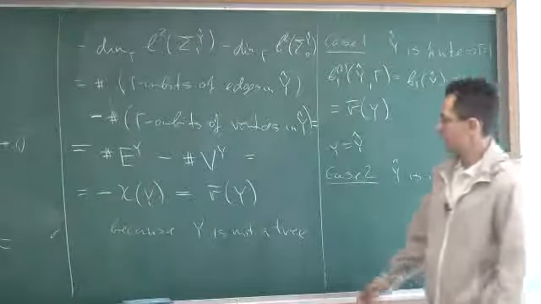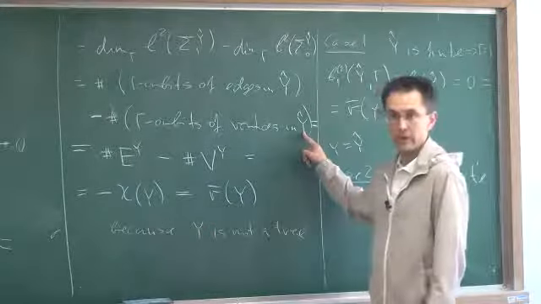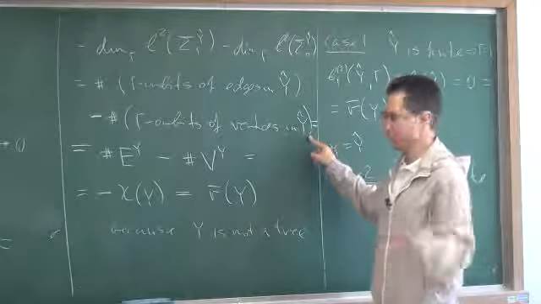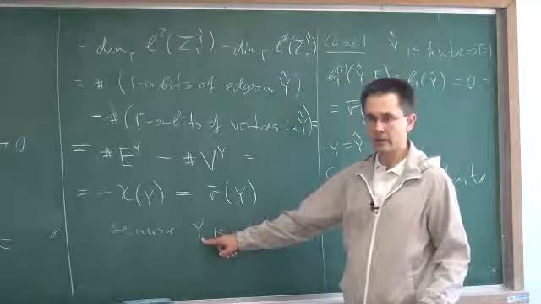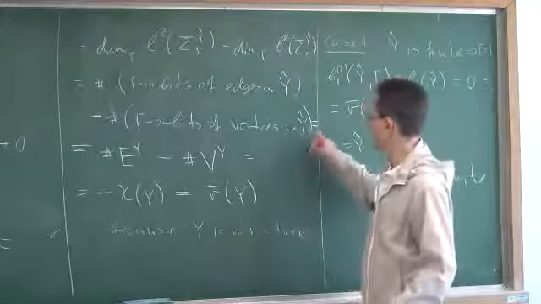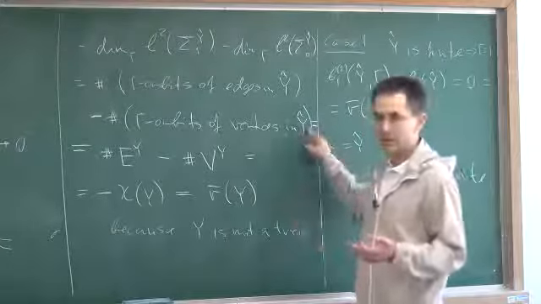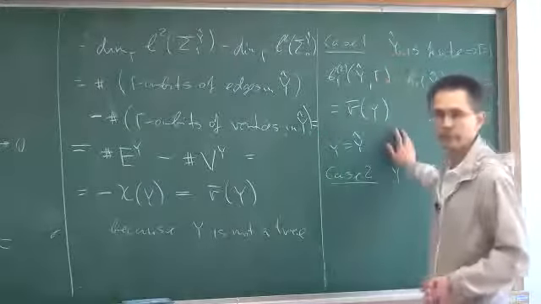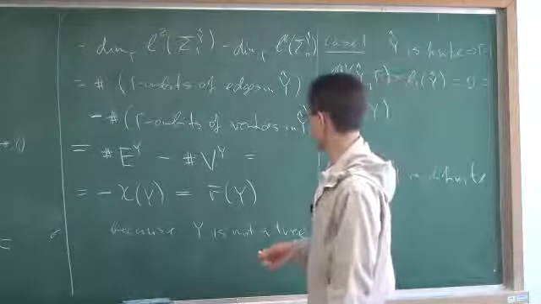If it was a tree, then y hat would be the tree itself. Y hat is a connected tree whose quotient is y. So if y was a tree, then this y hat must be that tree, and gamma must be the trivial group, and that would be case 1. It's not the case here.